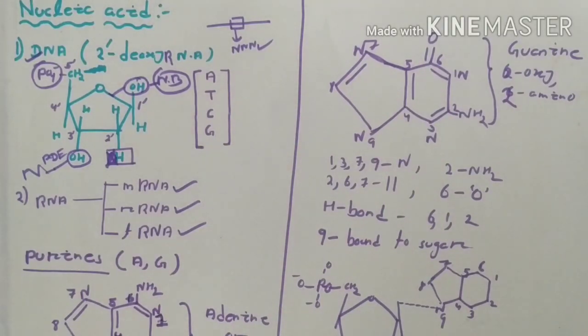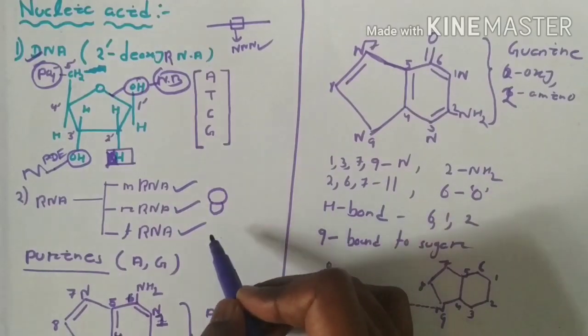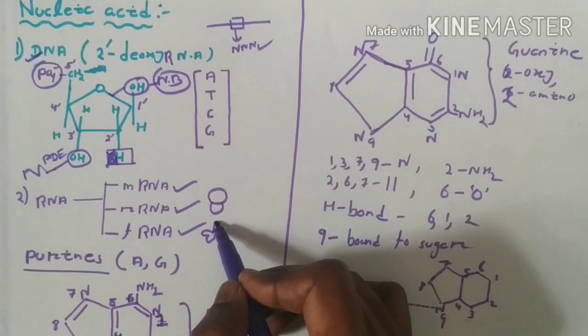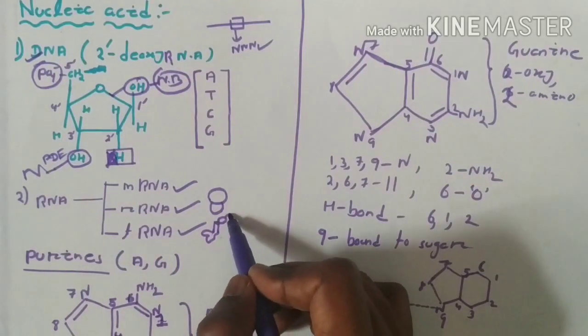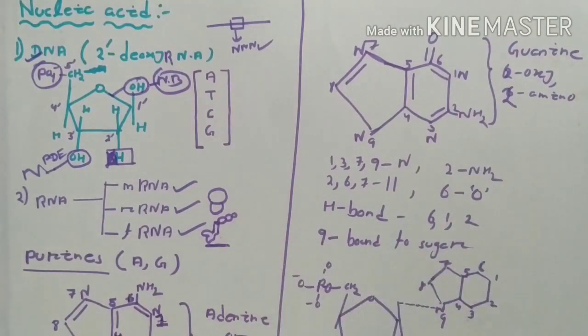The ribosomal RNA helps in protein synthesis, and the tRNA helps in the detection of amino acids according to the nucleotide sequence, which we will learn in future classes.